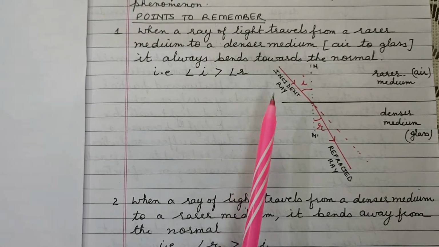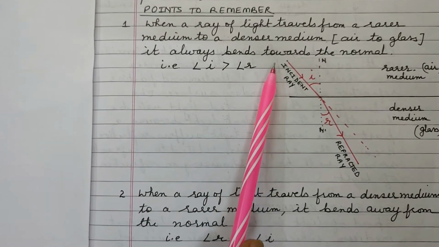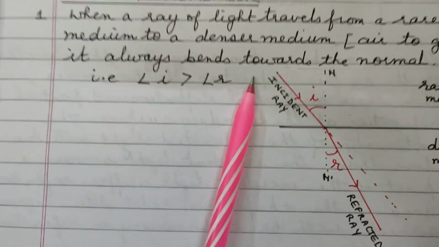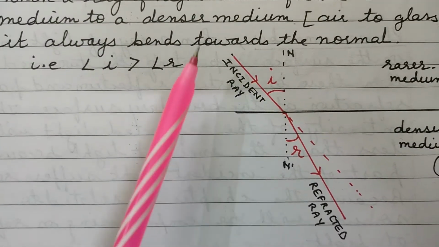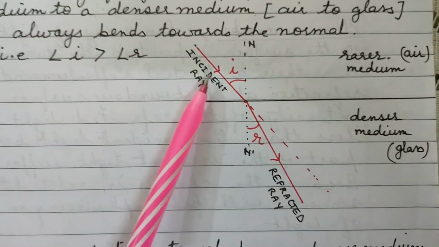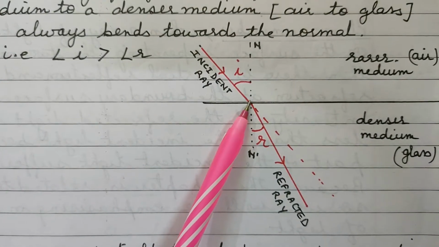If you have to draw the ray diagram, have a look. This is the air medium we are taking, which is a rarer medium. Now this is the glass medium, which is a denser medium. So you'll be showing a ray incident obliquely onto the surface of separation.